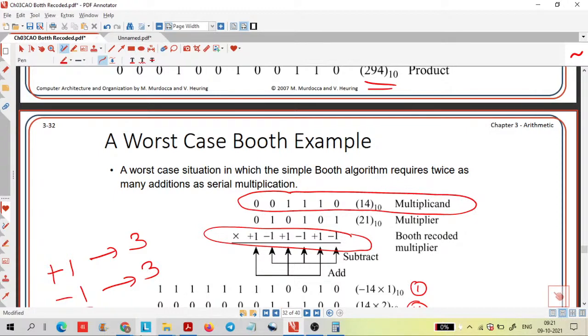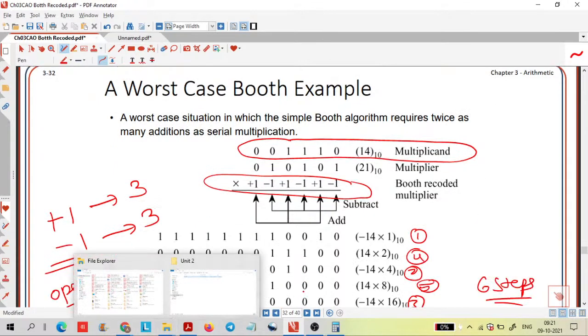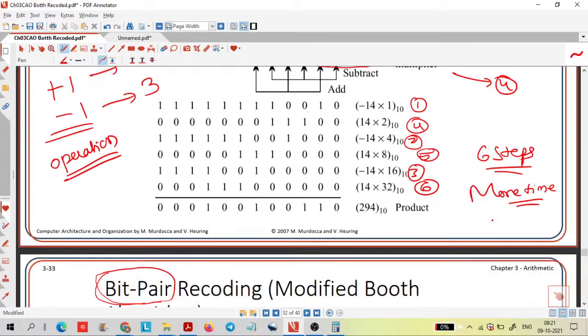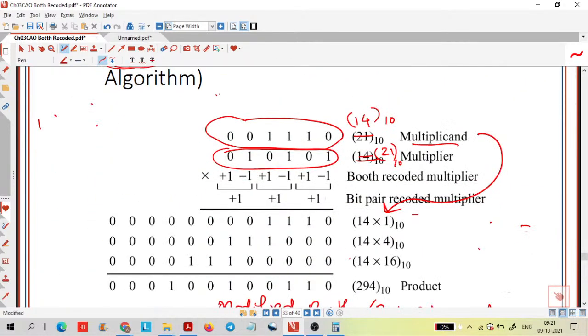Okay, in both recoded multipliers, we are adding just one step. First step is the multiplicand, second step is the multiplier, third step is both recoded, and this fourth step has come in the recoded one, the bit pair recoded.